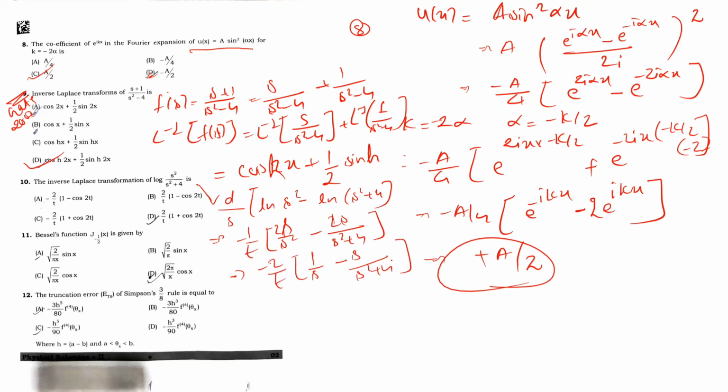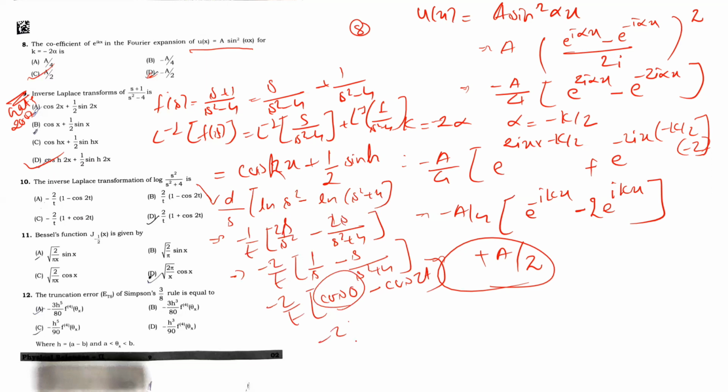So this is what you are having, and from here you can directly write for 1 by s and s by s square plus 4. If you take cos, you will have to take minus 2 by t. This is cos of 0, because it is actually in the form of s square plus a and s square plus b. So here it is nothing, that means it's 0. So cos 0 minus cos of 2t, right?